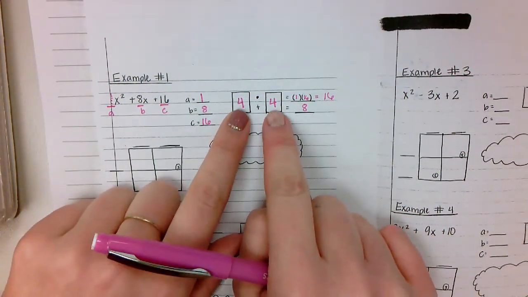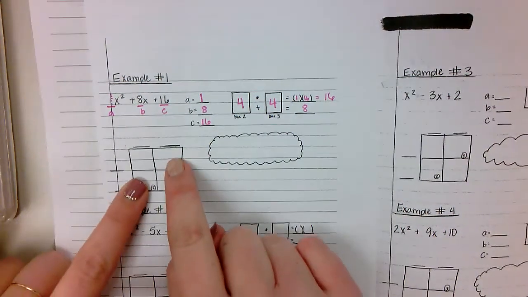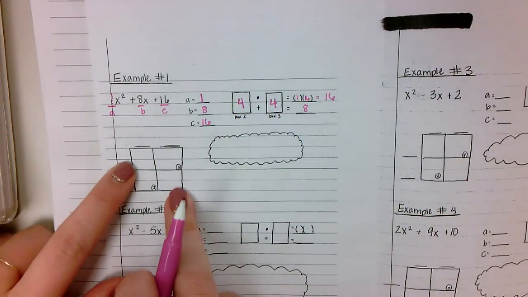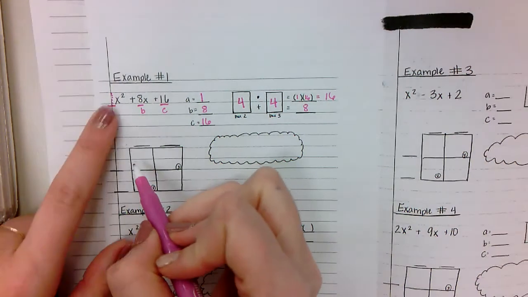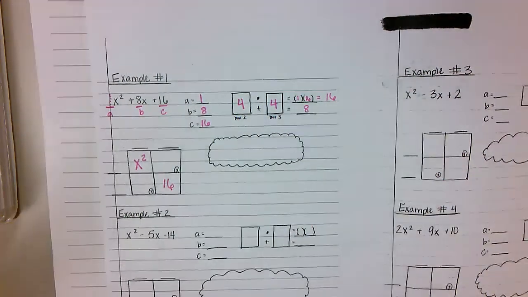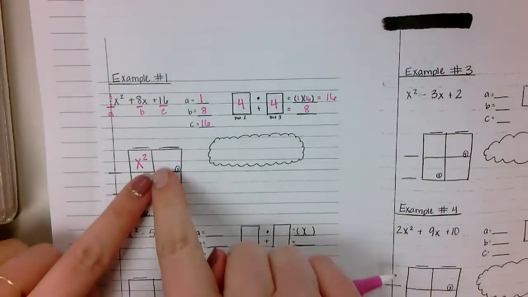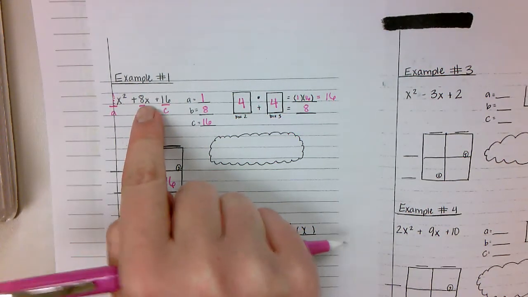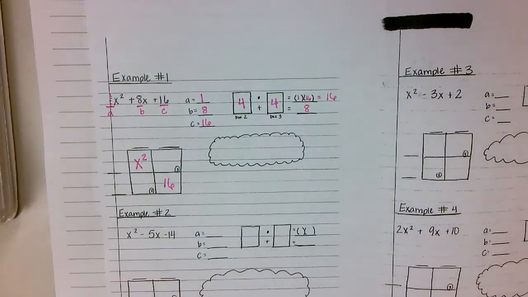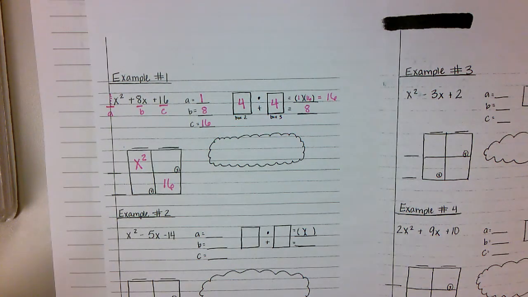So those are going to be the two numbers that I need for these boxes to split up this 8x. So when I come down here, I just go ahead and write what my A is and what my C is. Those are given. The hard part was having to split up this middle value and figure out what two numbers can multiply and add to give me those. And we've done that. We've done the hard part.